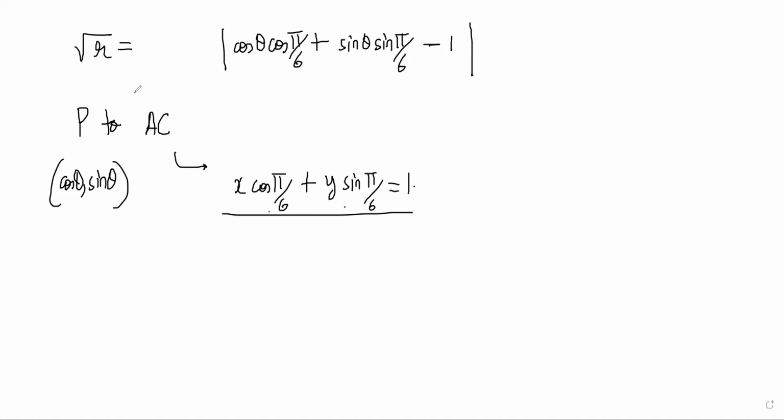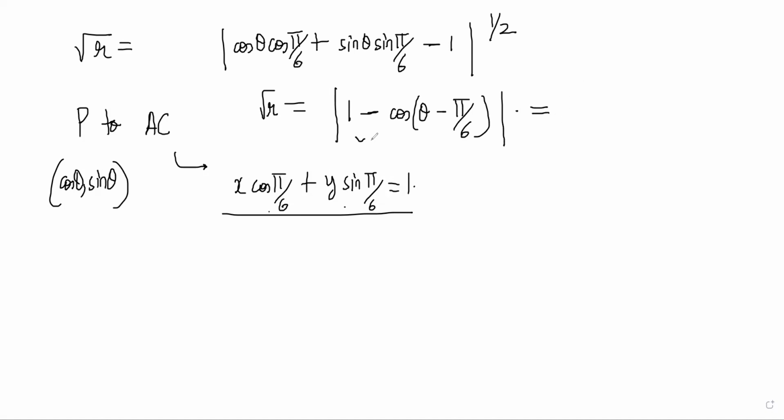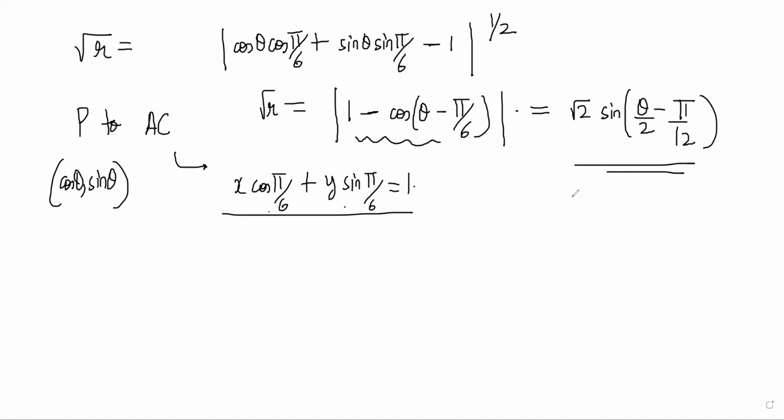So the distance here is r, so root r should be equal to power half of this. If you simplify this a little bit, we get root r is equal to 1 minus cos of theta minus pi by 6, right? Which can be further simplified using the 2 sine square theta by 2 formula, you can write it as root 2 sine of theta by 2 minus pi by 12. So this root r is the distance from P to AC.